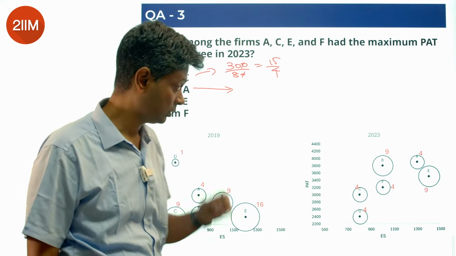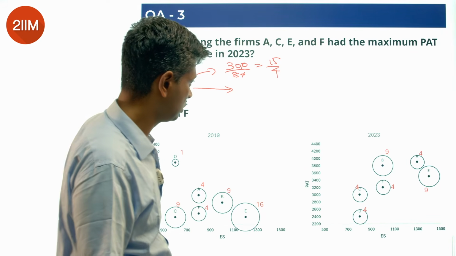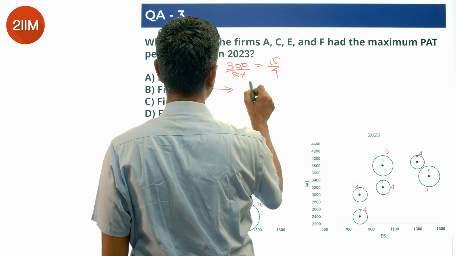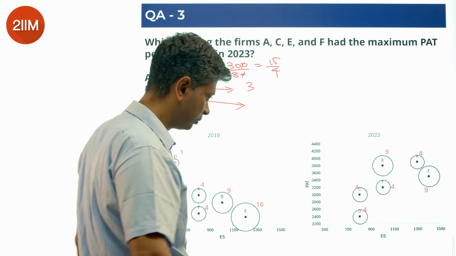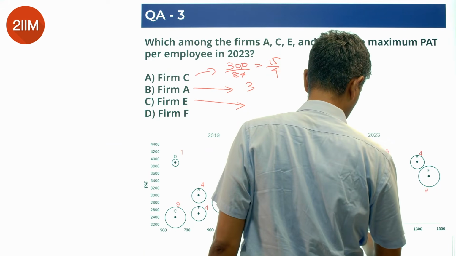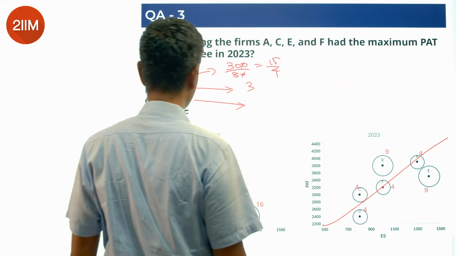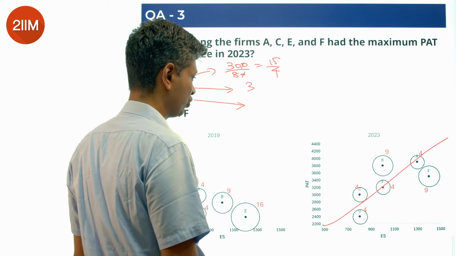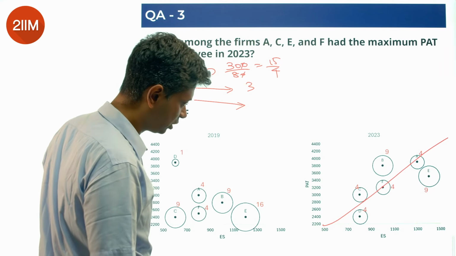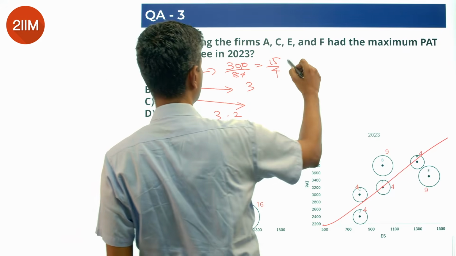Firm A is 3900 by 1300, which is 3. Firm E, so we'll draw a line to A, just lower PAT, higher employee, I'm not even calculating. F is similar to A, maybe up a smidgen. F is 3200 by 1000, 3.2, just 3.75, just done.